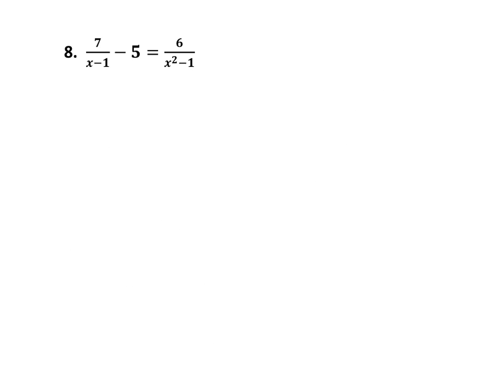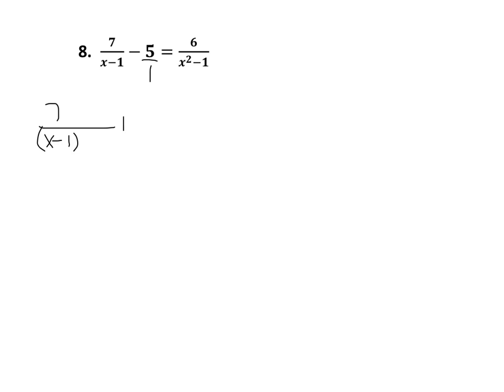Okay, so I got to factor and get the common denominator, and don't forget plus the negative, so you have 7x over x minus 1 plus negative 5 over 1 equals 6 over x plus 1, x minus 1. Is the first one missing anything from the second? No. Is the first one missing anything from the third?